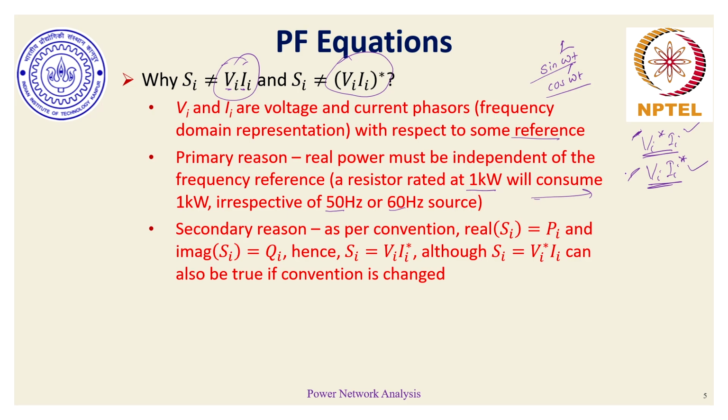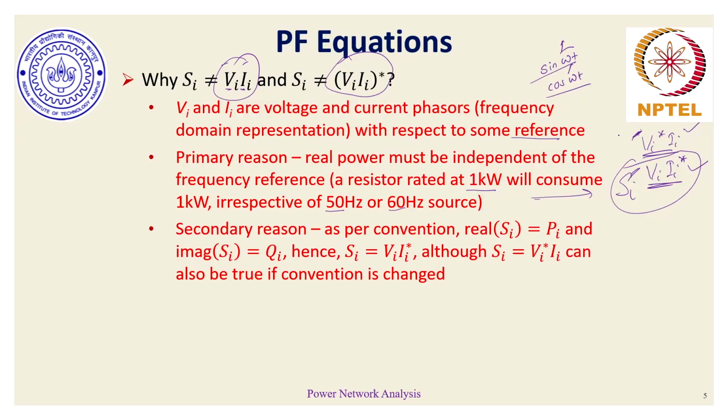The secondary reason why often S_i is equal to V_i into I_i conjugate is the definition of power factor. If a day comes when inductors would be called devices which deliver reactive power, and capacitors would be called devices which consume reactive power, essentially changing the notation of power factor, then on that day maybe S_i would also be equal to V_i conjugate into I_i. For the time being, our power factor convention has not changed.